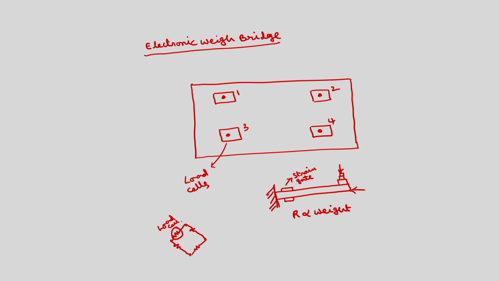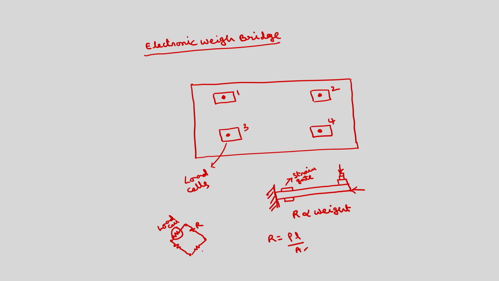Without any load this will have some resistance, R equals rho L by A. Rho is the resistivity, L is the length of this rod, A is the area. If I apply some load here, this resistance will change.